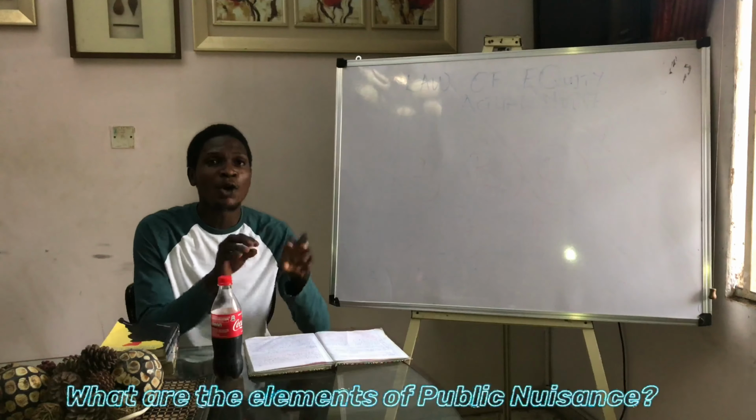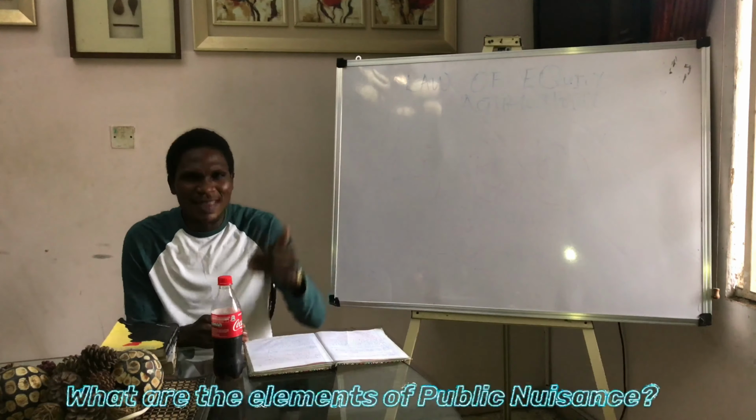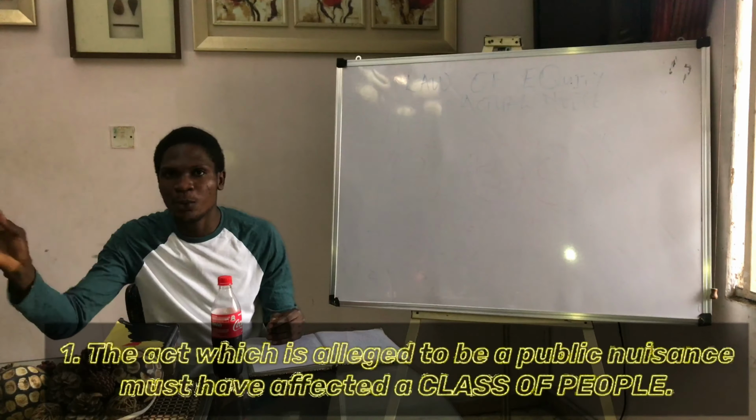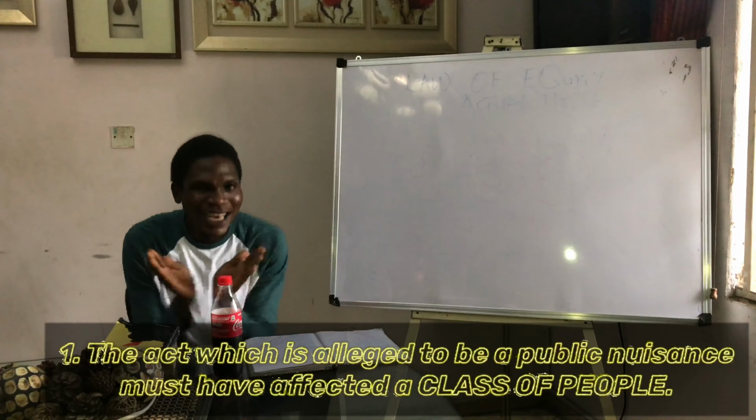And also the individual person, what must the individual person prove? The first thing that they must prove is that this particular act done by the other party must have affected a class of people, not just one person, but a class of people.